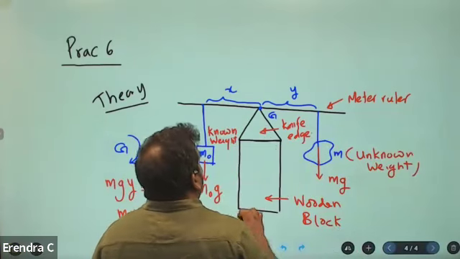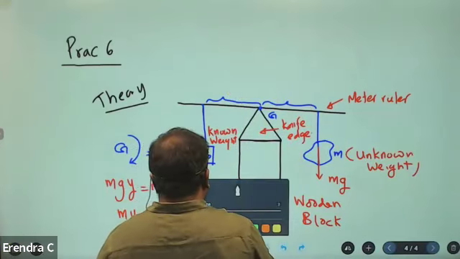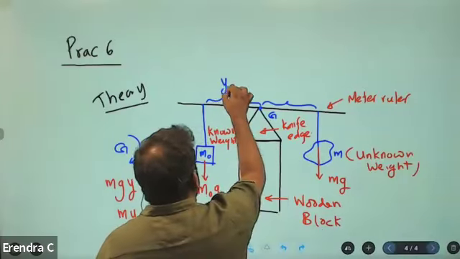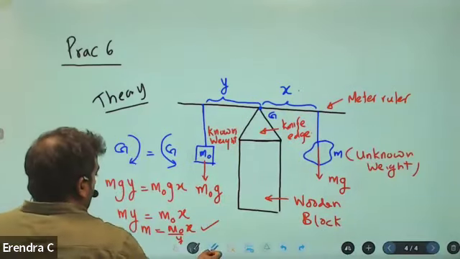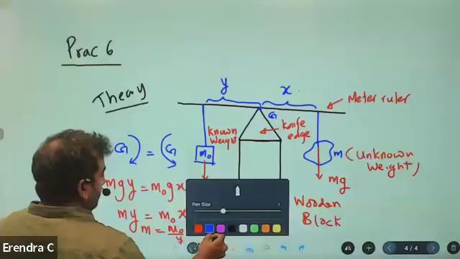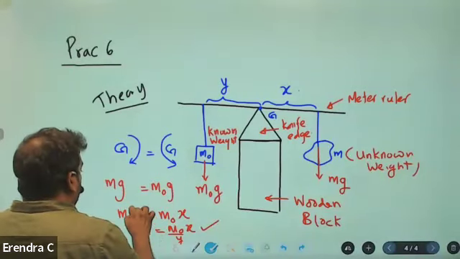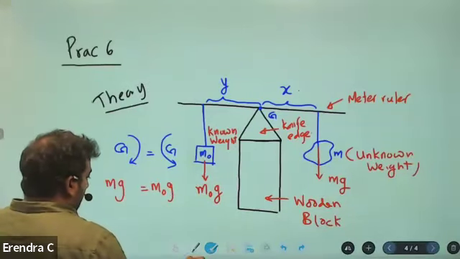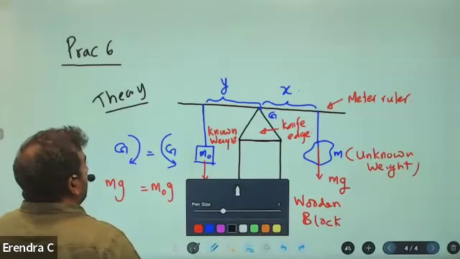We hang a known weight on one end, and an unknown weight on the other end, until the ruler is balanced.